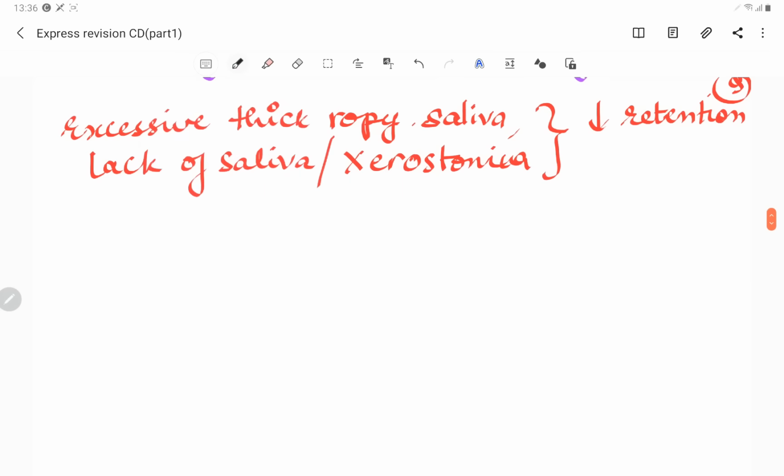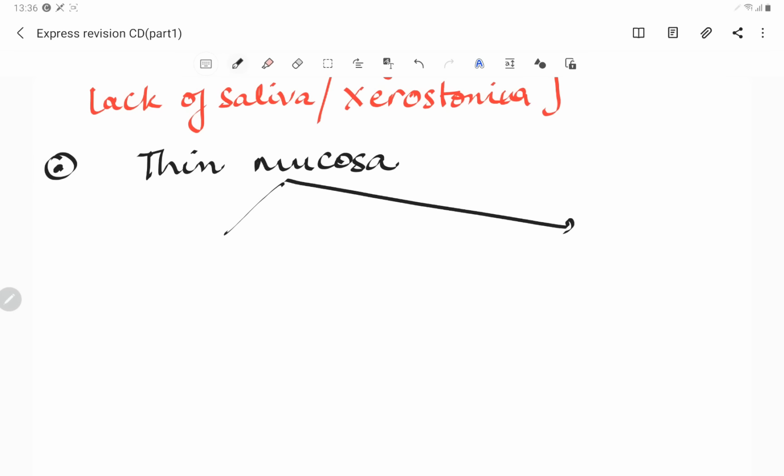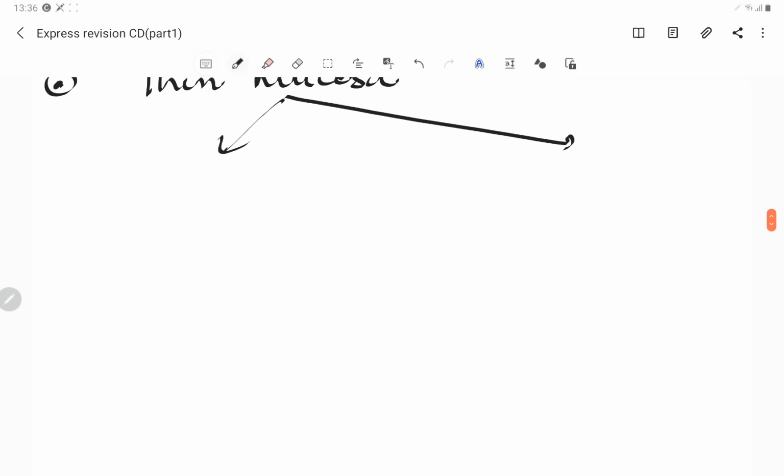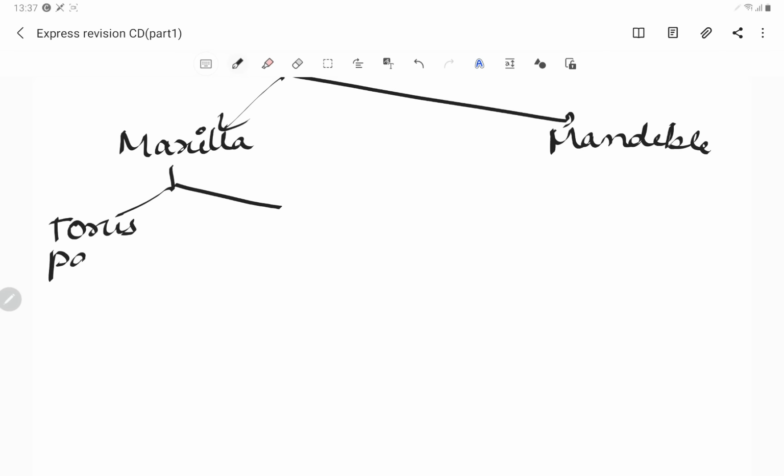So, thin mucosa can be present in the maxilla, can be present in the mandible. In the maxilla, thin mucosa can be in the region of torus palatinus and mid palatine raphe.